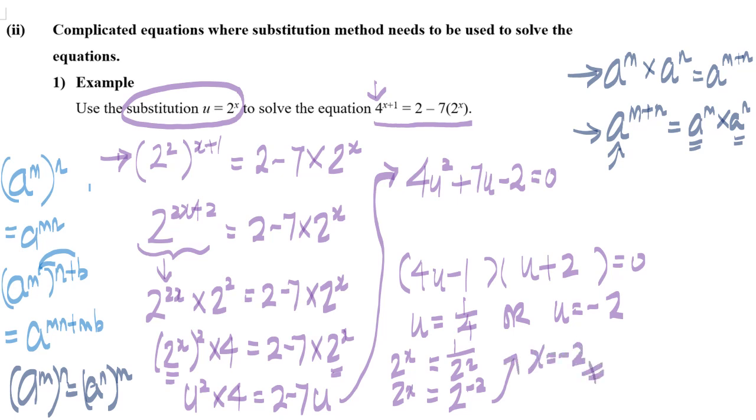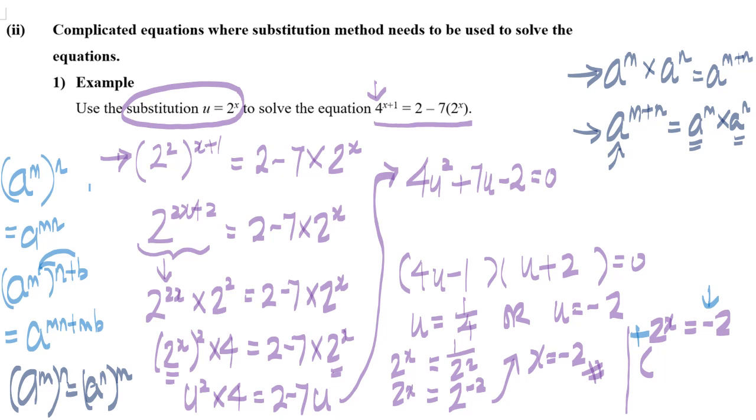One answer. So the second answer would be 2 to the power of x equals -2. Now, this is impossible. Why impossible? Because on the left-hand side, you are having a positive answer, and on the right-hand side, it's a negative answer. You can't have positive equals negative. It does not make sense.